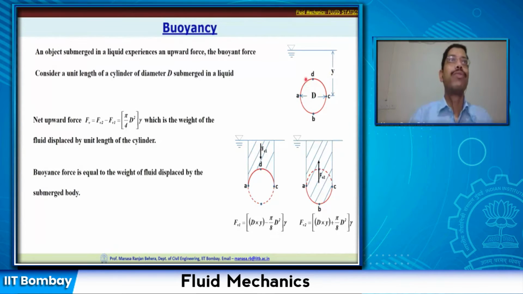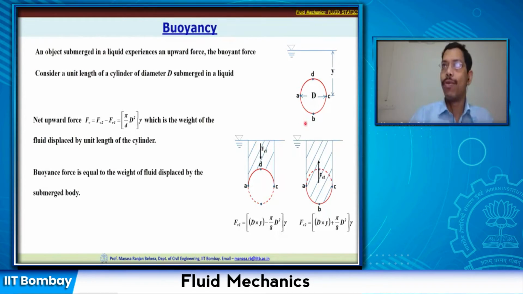Now, if we calculate the upward force, the net upward force acting on the body is equal to the force acting upward minus the force acting downward. There is a pressure acting on all sides of this surface.